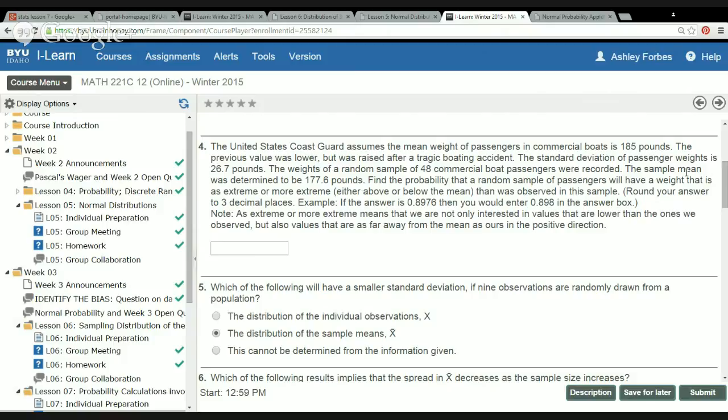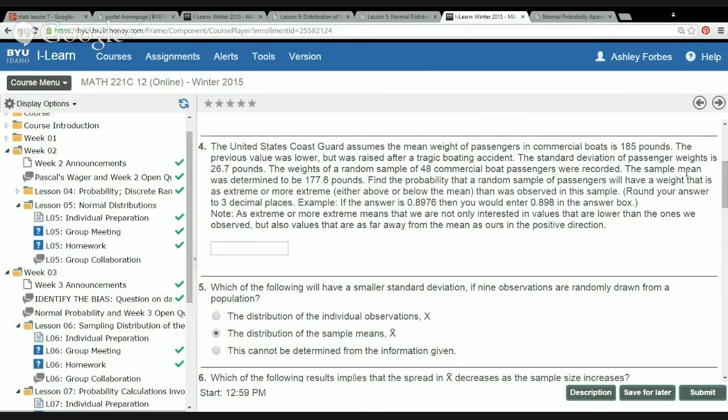We need to find the z-score, but maybe our x is 177.6? Because we don't normally have two μ's in an equation, right? I don't know. I'm getting really confused with this problem.